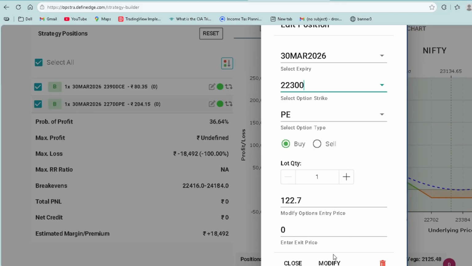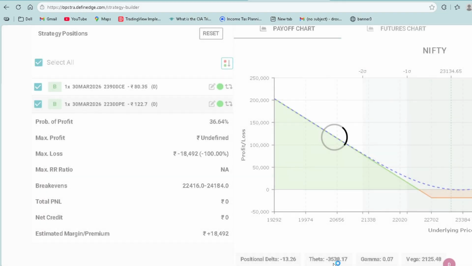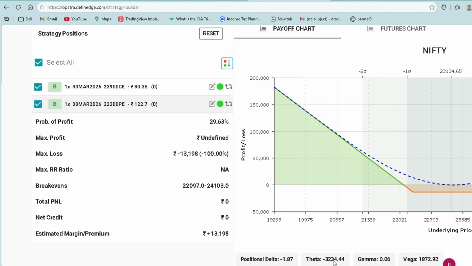And go to modify. Let's see how the overall position will look if we go 800 points. See, this is 800 points away from market price.